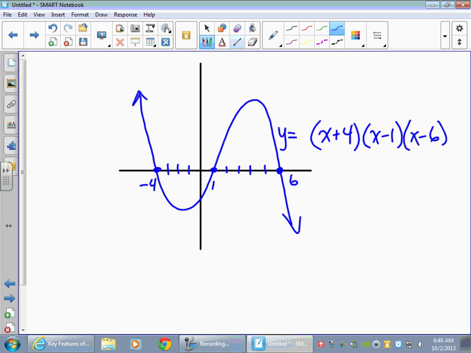So my equation will at least have those things. It may have something else in this spot. In fact, it will. I'll mention that quickly in a second.